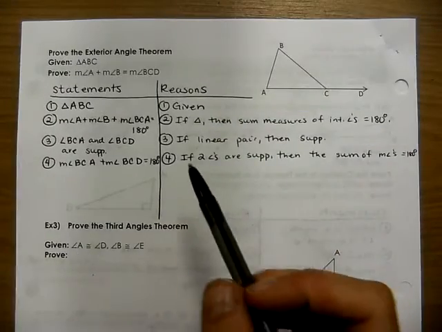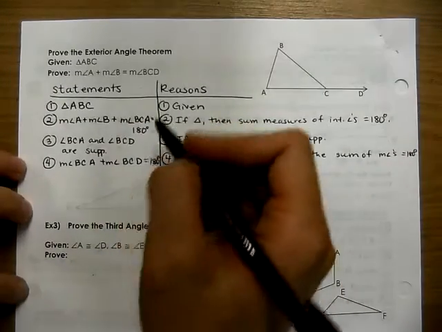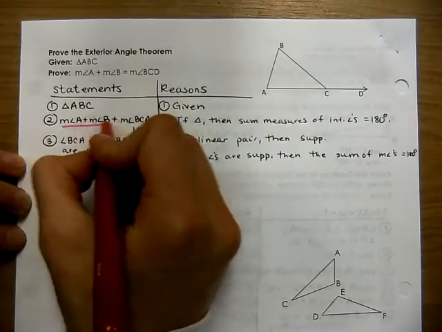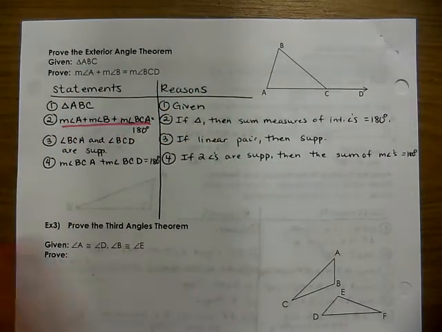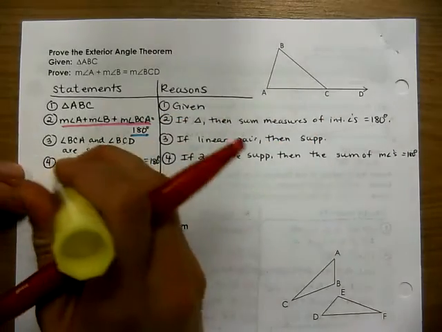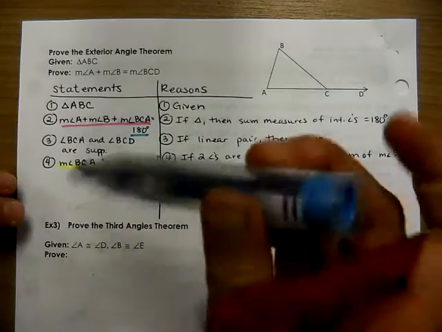Alright, so now, just like I did on the front page, I'm going to set these equal. I know that this guy is equal to 180 degrees, and this guy is equal to 180 degrees.